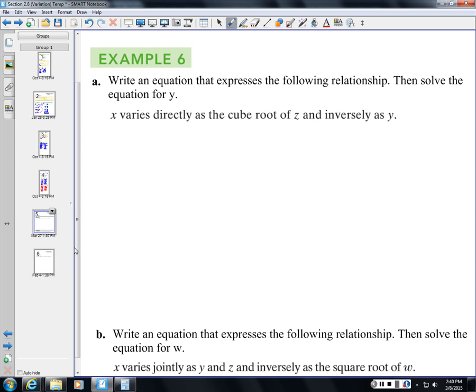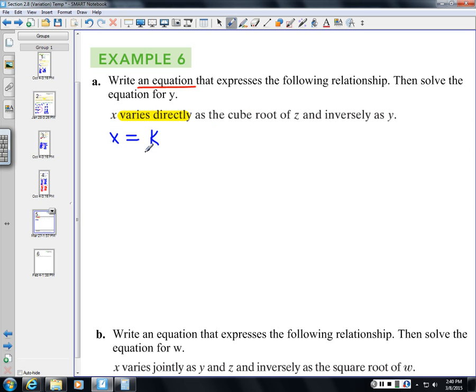So, starting at the beginning, they just asked me to write an equation that expresses this relationship. So we'll start there. Again, looking for my keyword, varies directly. I know I'm going to be multiplying here. So it's x is what varies directly as cube root of z. So that's a little bit different.